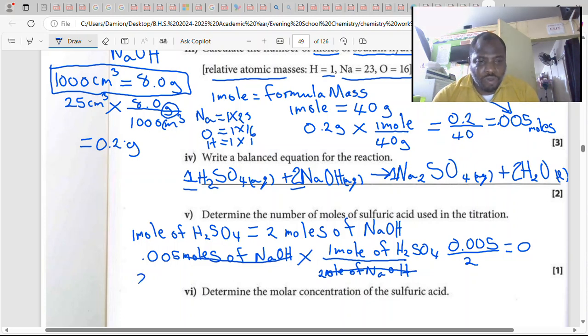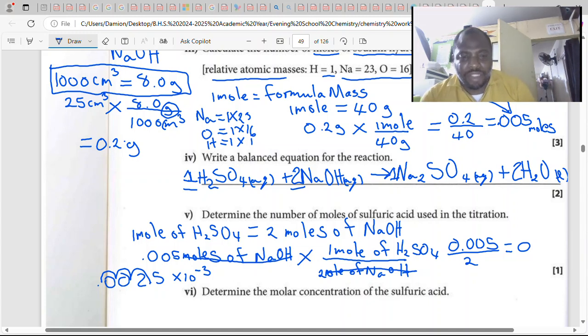2.5 times 10 to the negative 3. And like I said, you need to learn that we're bringing the decimal place 3 places to the left. I'd have to look on the calculator to tell you how to convert this. So I'll sort that out.